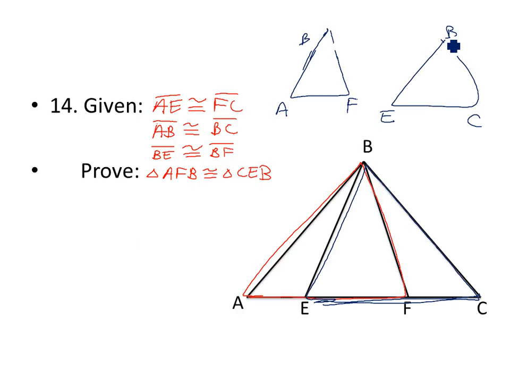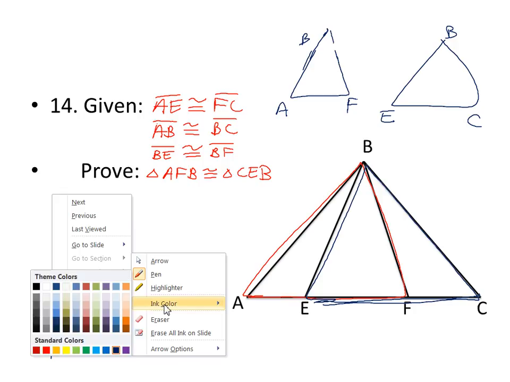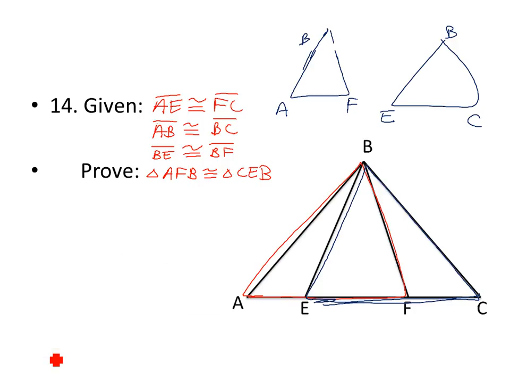Now watch carefully on this. The first one, they tell us segment AE is congruent to segment FC. Is AE and FC in those two triangles? Segment AE or FC in either one of those two triangles that we split off? Yes, no, maybe? No. It's right here.